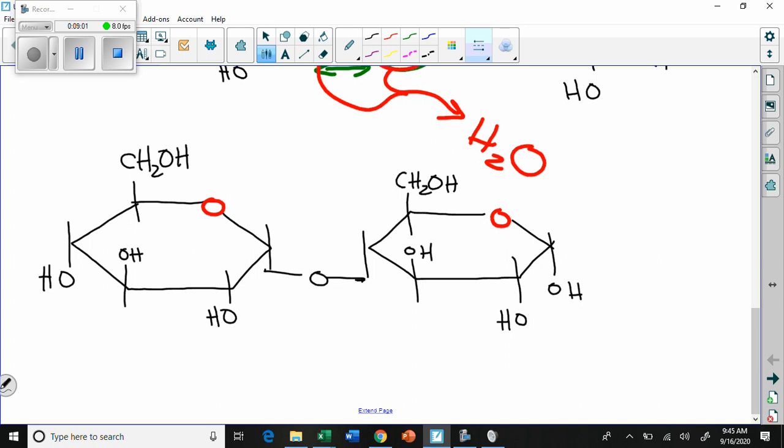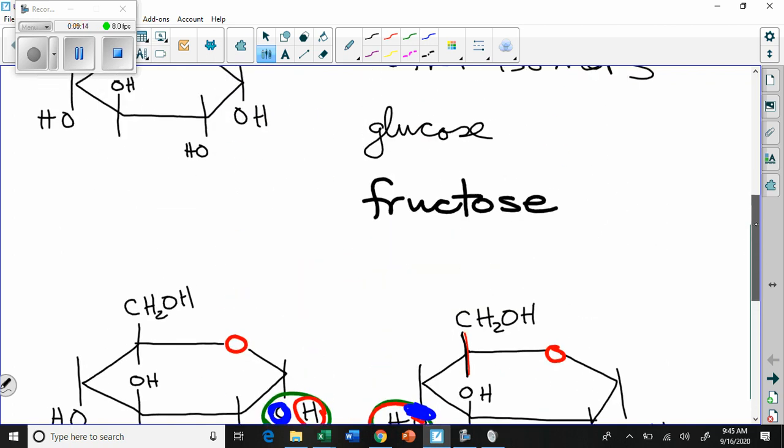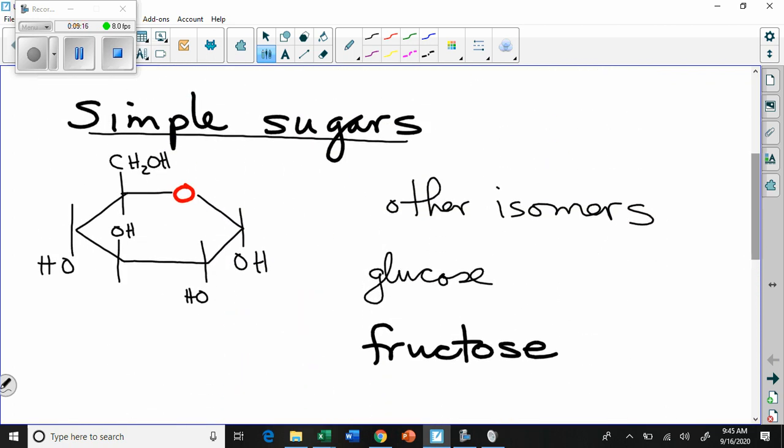Now, this is what we call a two-sugar sugar. So it's got a name. I'm going to go back up here to the simple sugars. Because it has one molecule only, we have a name for it. I'm going to write it up here in this nice purple color.